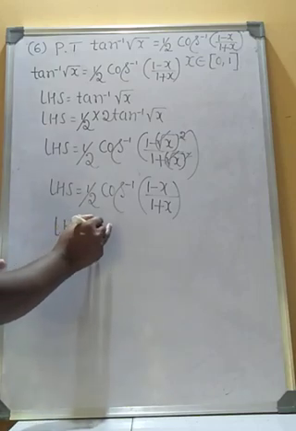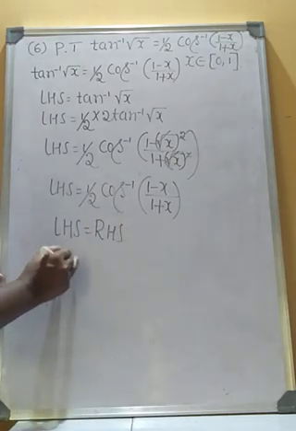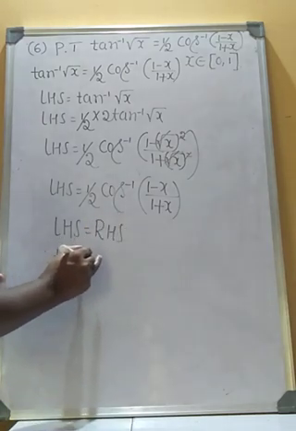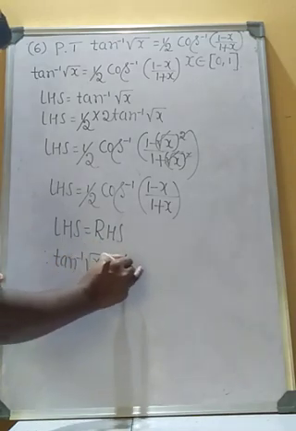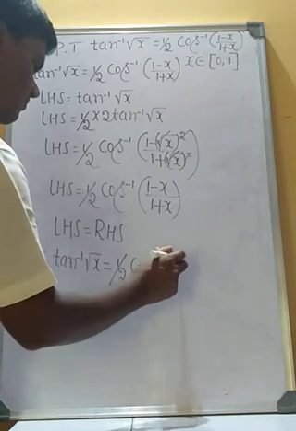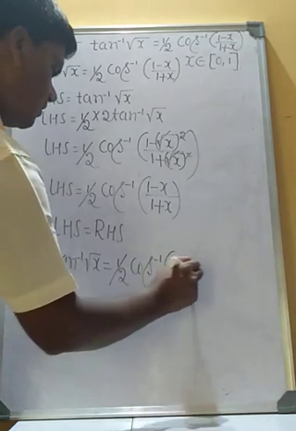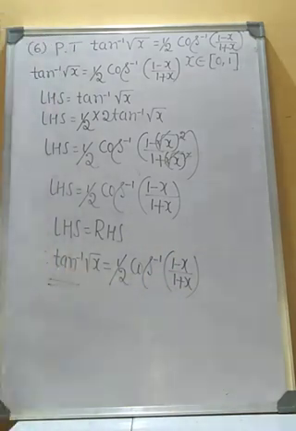Therefore, left hand side is equal to right hand side. Therefore, tan inverse root x is equal to 1 by 2 cos inverse of (1 minus x) divided by (1 plus x).